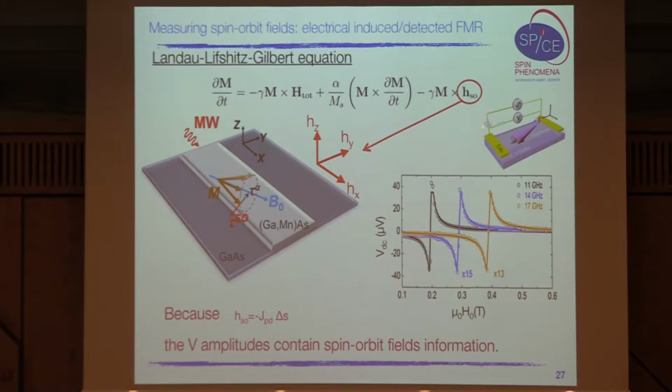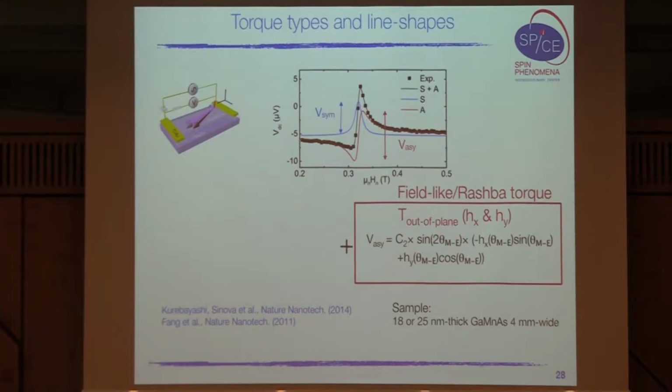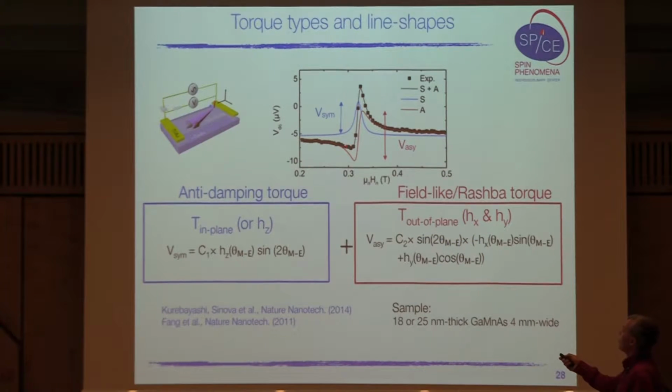And by analyzing this resonance, I'm going to extract what this internal field and its symmetry is, nothing more. This is this FMR technique. And just decomposing into symmetric and antisymmetric components gives you the two components, the anti-damping and the field-like components of the torques and the angular dependence that we're looking at.